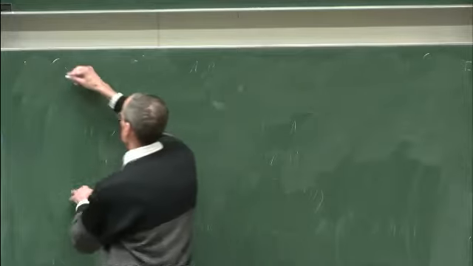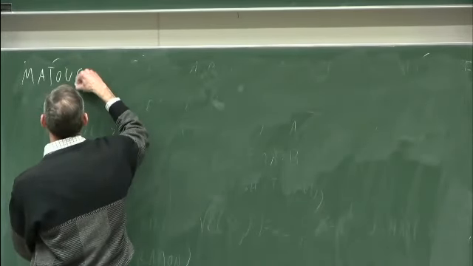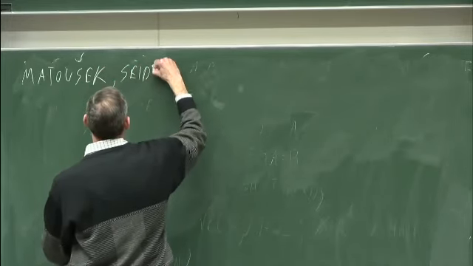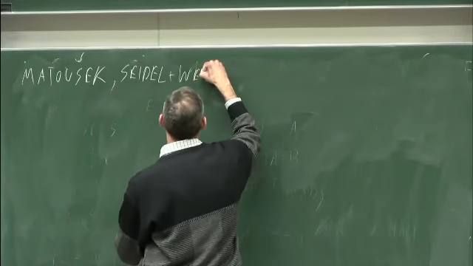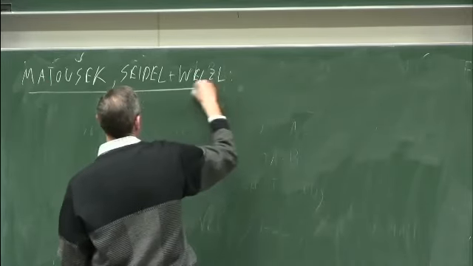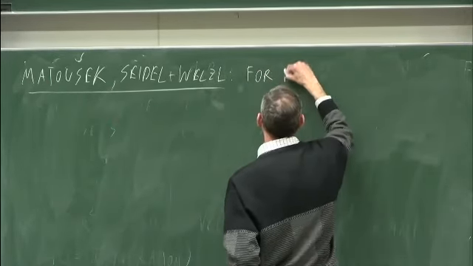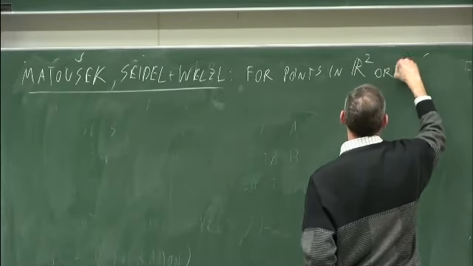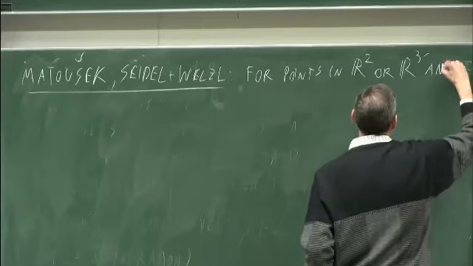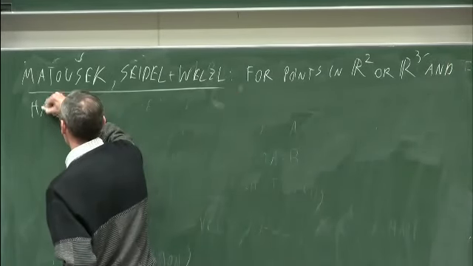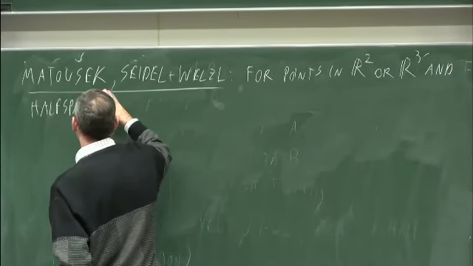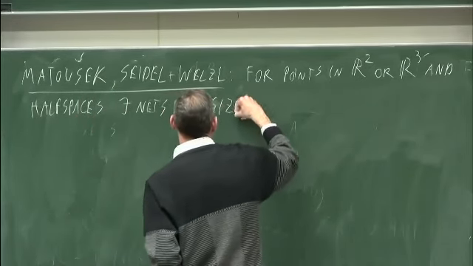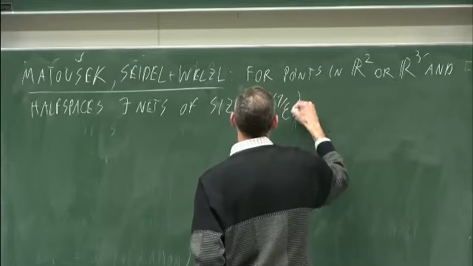So I won't use all of them, but for example, there is this result of Matoušek, Seidel, and Welzl that for points in R2 or R3 and the half-spaces, there are nets of size linear in 1 over epsilon.